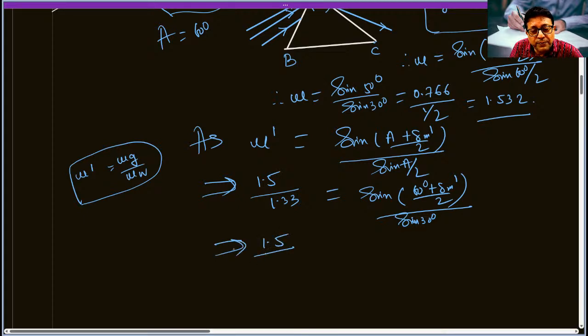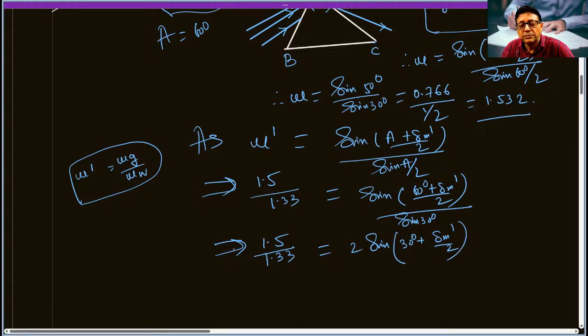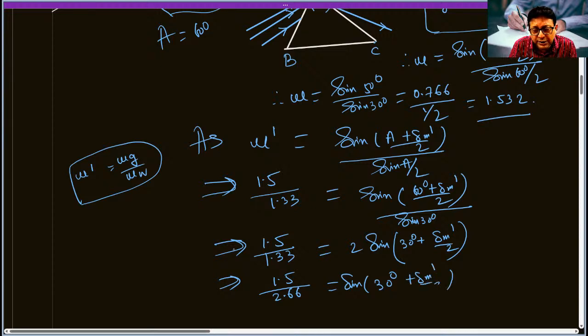So 1.5 by 1.33, this will go up, sin (30 plus delta m dash by 2). Again I need my calculator here. Okay, this we write 1.5 by 1.33 equals sin of 30 degree plus delta m dash by 2.